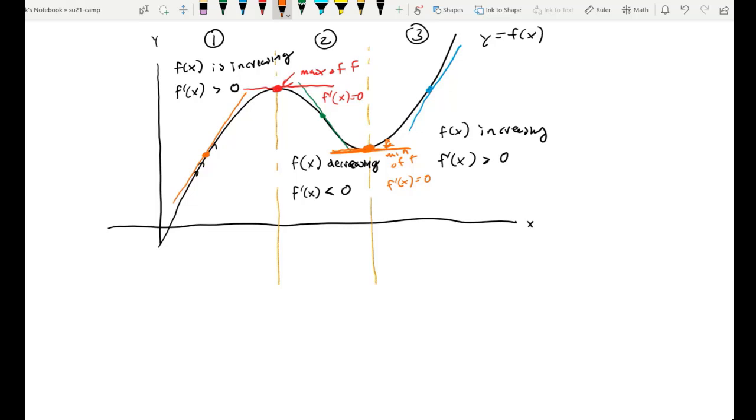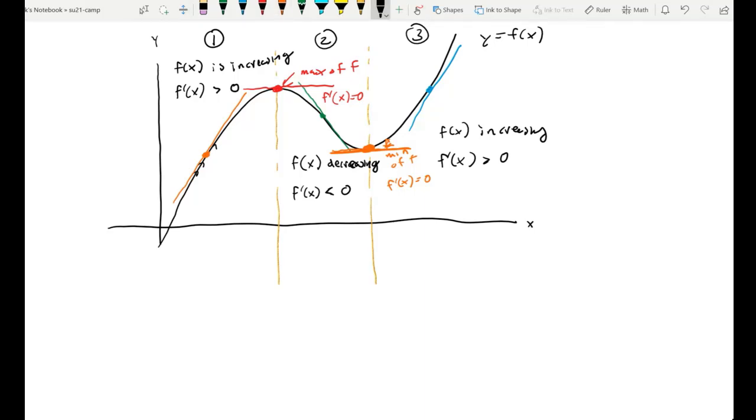Okay. And so what this suggests is that if we're interested in where our function has a maximum or minimum, a good place to look, but it's not the only place to look, is the x values which make your derivative 0.